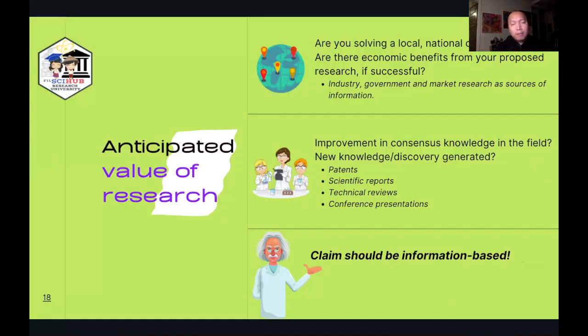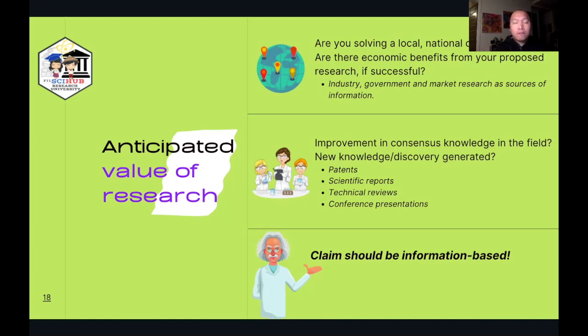So once you have established a strategy in terms of how you're going to achieve the results through your research methods, it is very important for you to highlight in your proposal the impact or the importance of the study. This typically is a section in itself, typically titled anticipated value of the research, or the benefits, or the impacts of the study.